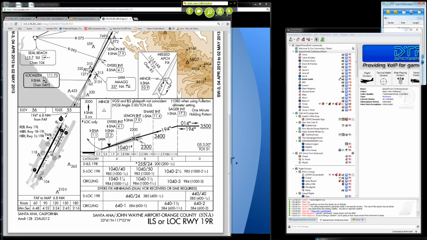Mark's saying you're going to lose visual contact from downwind to base. Not necessarily. It depends on the plane that you're flying. As long as, I guess, you know exactly where it is, if you know it's directly behind my left shoulder, I suppose that could theoretically work.